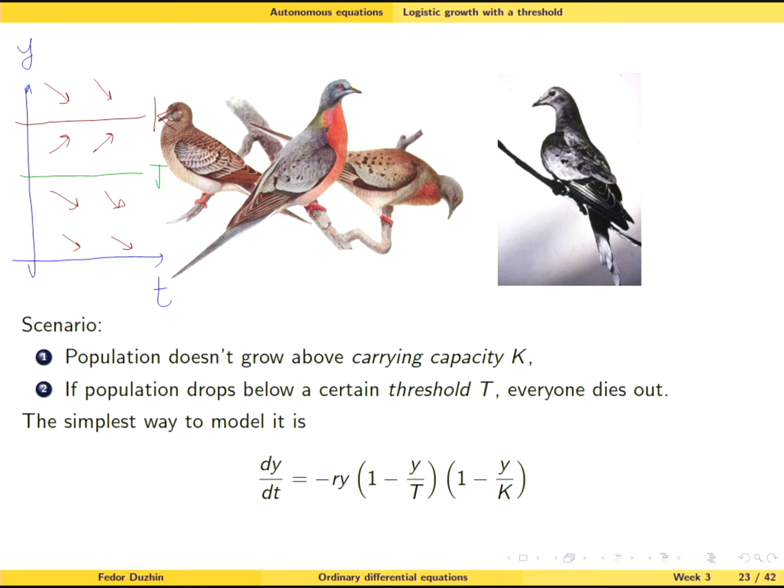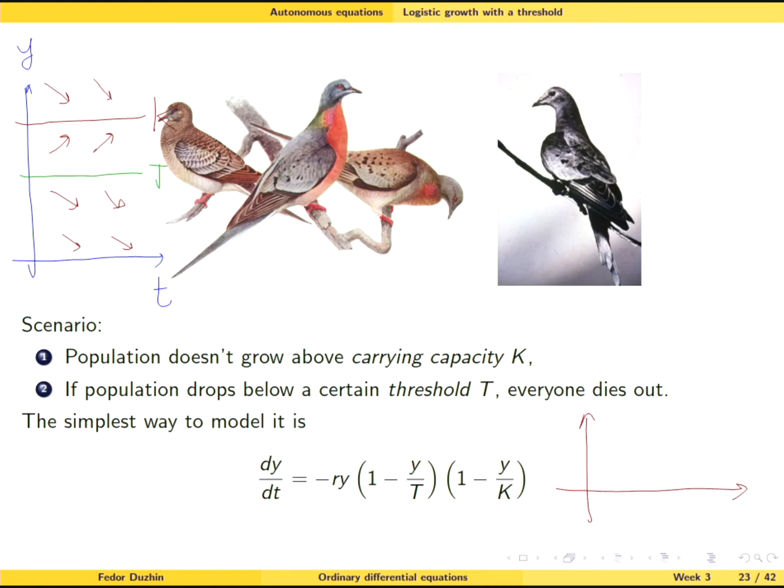Well, and then if you think about it, as the right hand side of the differential equation, you need a function such that its zeros are 0, T, and K. So let me try to plot it here.